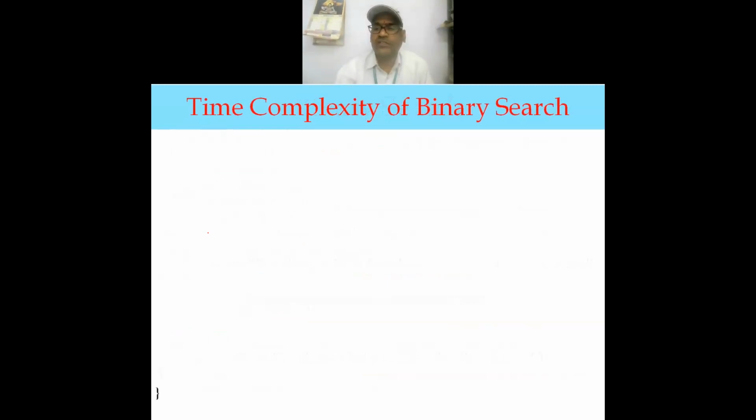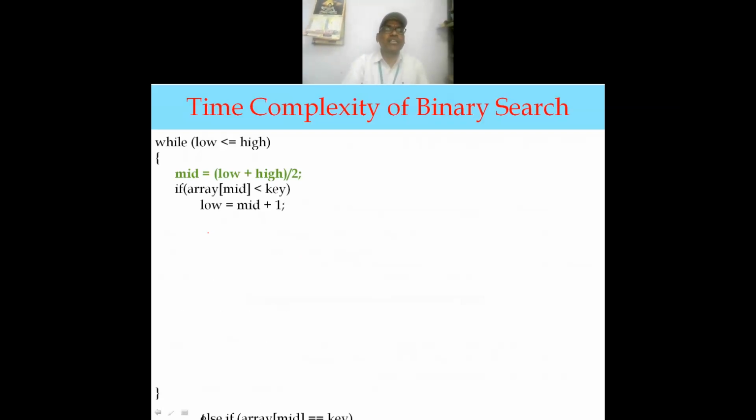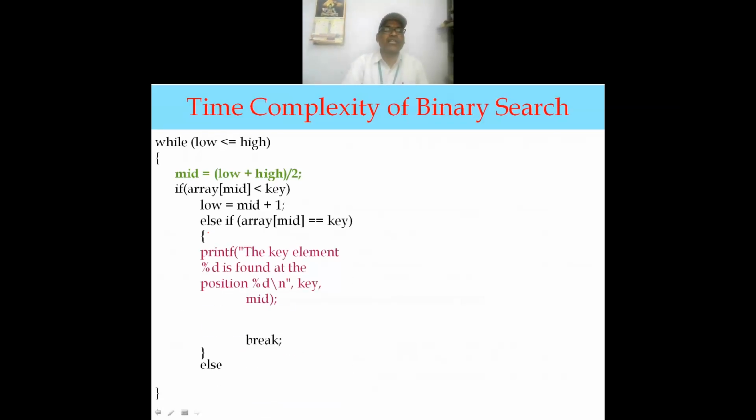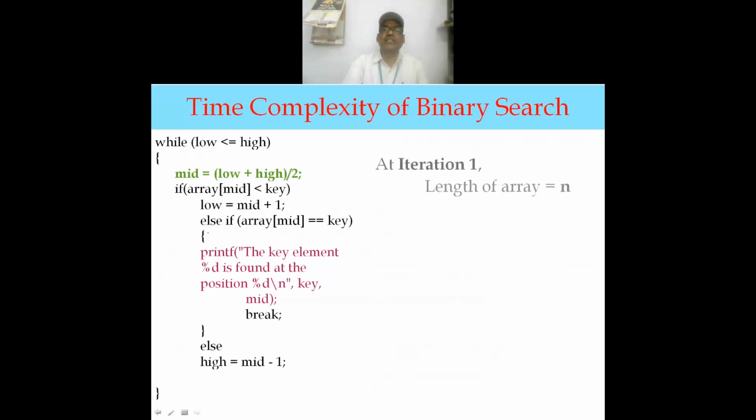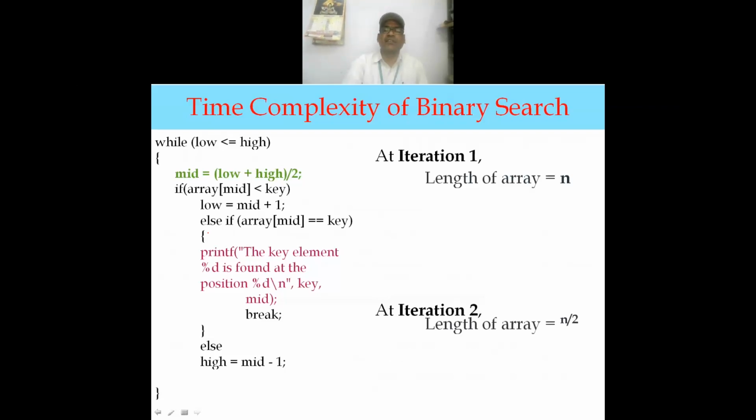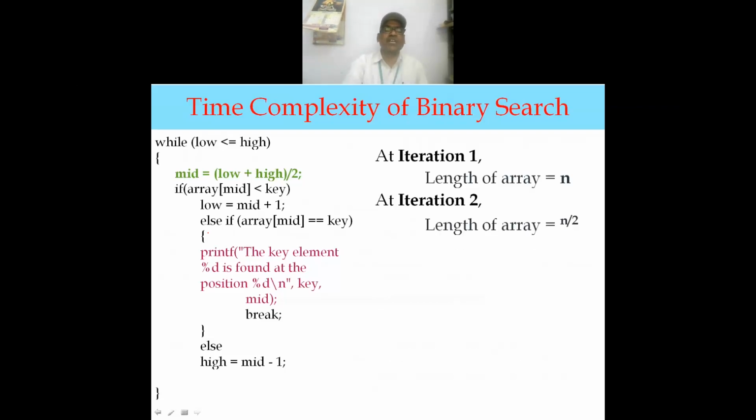Now coming to the time complexity of binary search. We calculate the mid value and then compare A of mid. In the first iteration, the length of the array is n, and in the second iteration the length of the array is divided by 2, so n by 2.